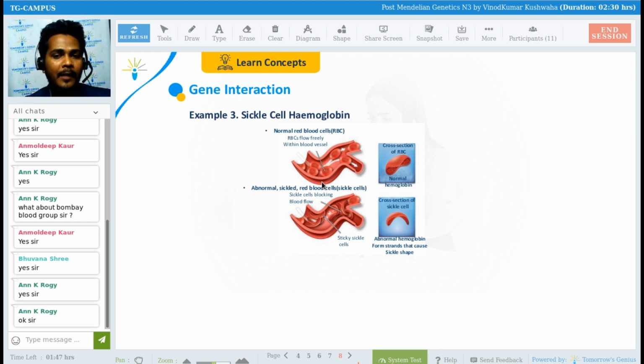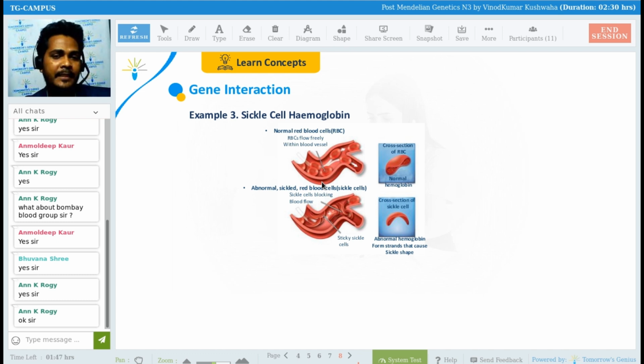Actually, sickle cell anemia is a hereditary disease which is basically found in tropical Africa, but it is now spreading in American blocks. It spread in the African bloc, whose ancestors came from that part of Africa.